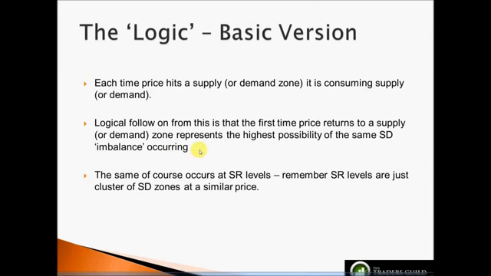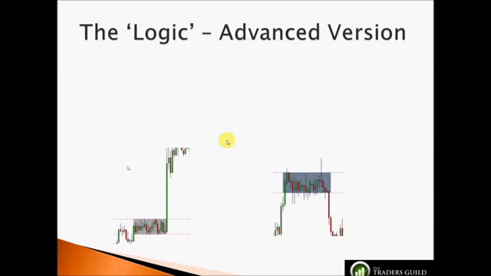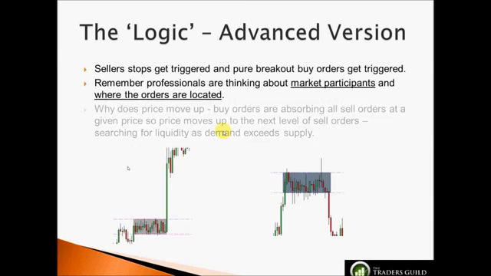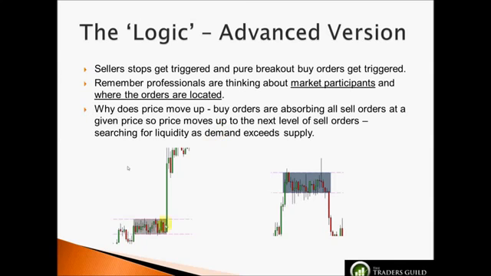It's easier to discuss that with some examples. So we have some supply demand zones here, imbalance, out of balance, strong breakout. What happens when price moves above this support resistance zone here?